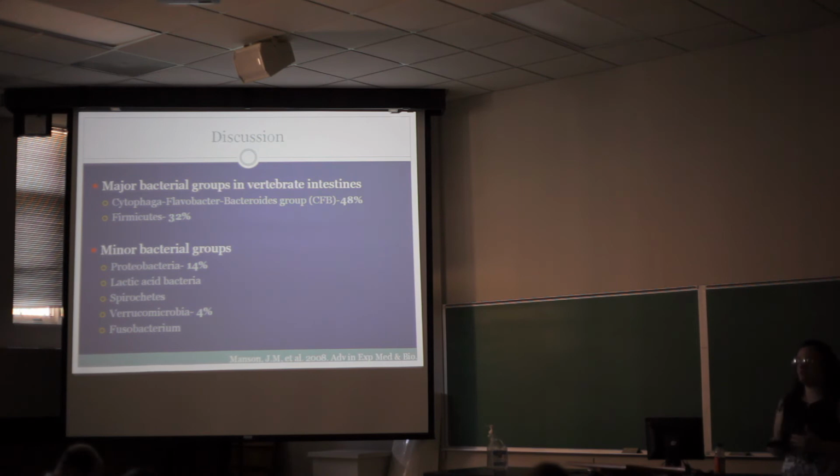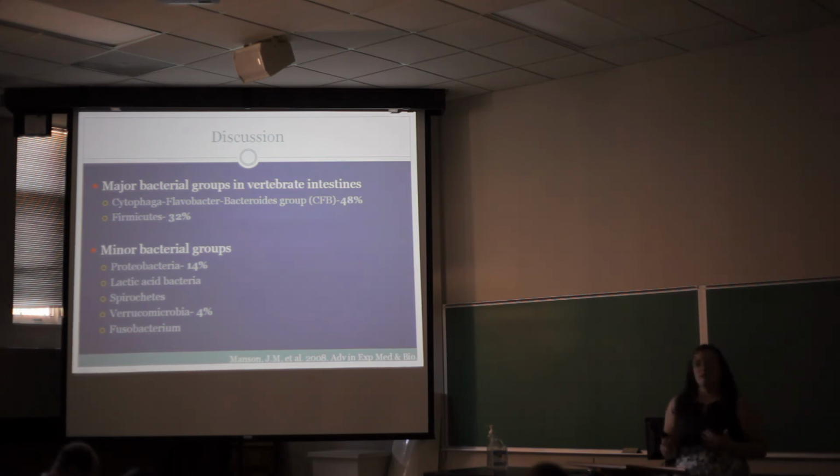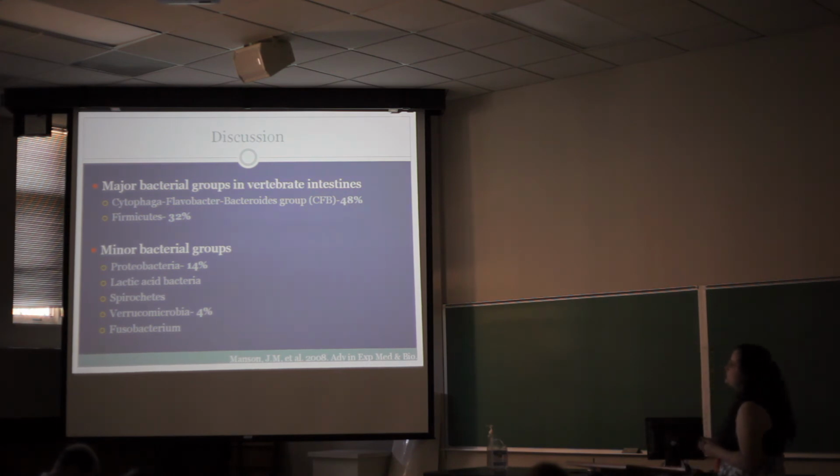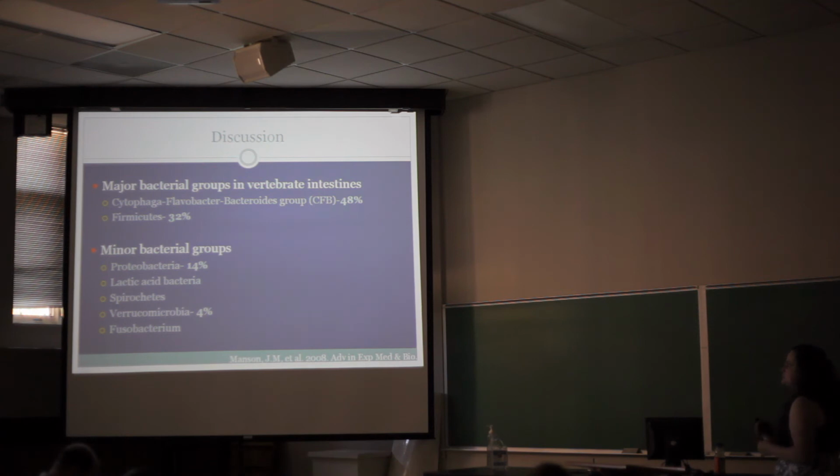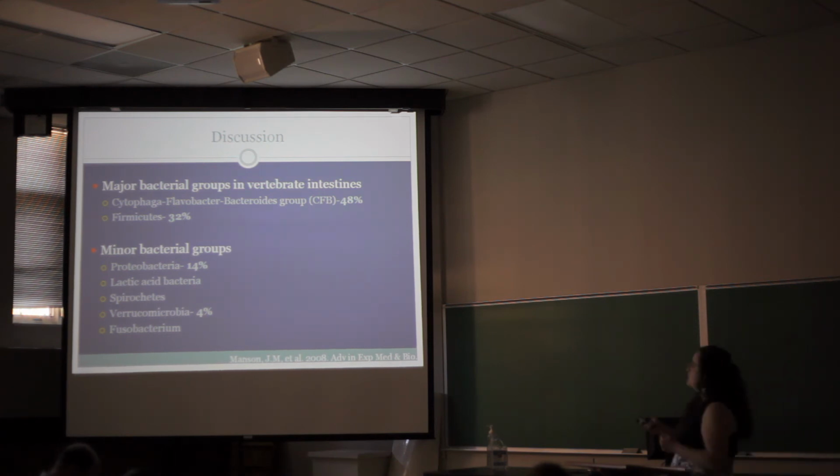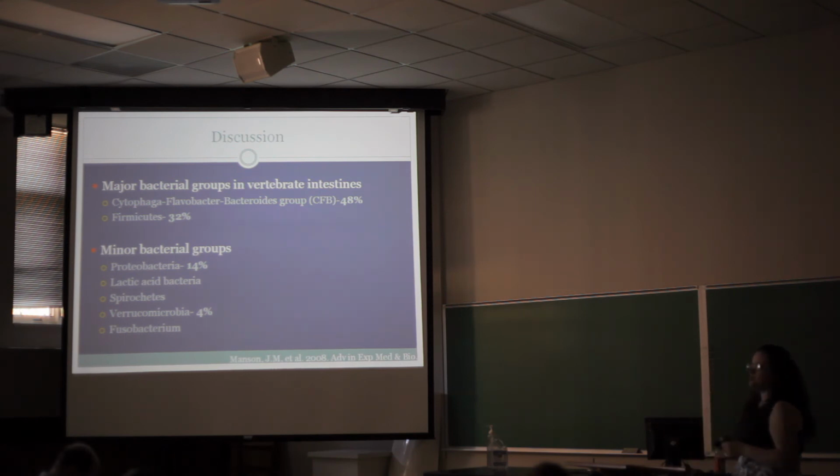In previous studies, and these are based on culture-dependent studies, whereas 16S rRNA analysis is not culture-dependent, they found that the major bacterial groups found in vertebrate intestines include the Cytophaga-Flavobacterium-Bacteroides group, or CFB, as well as the Firmicutes group.